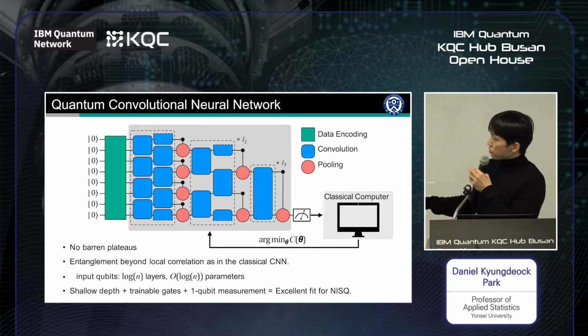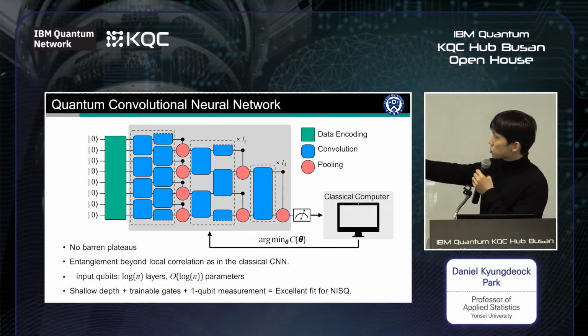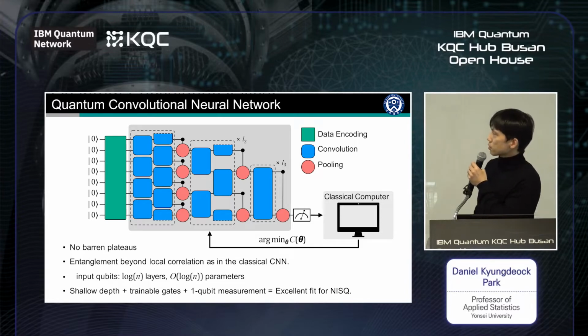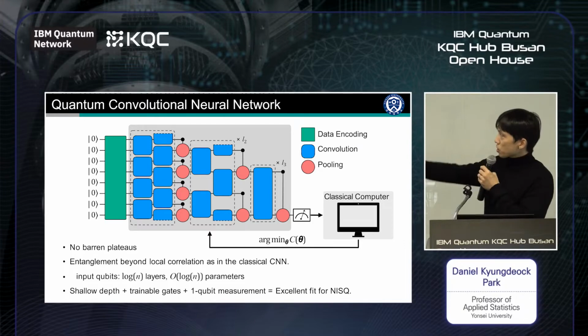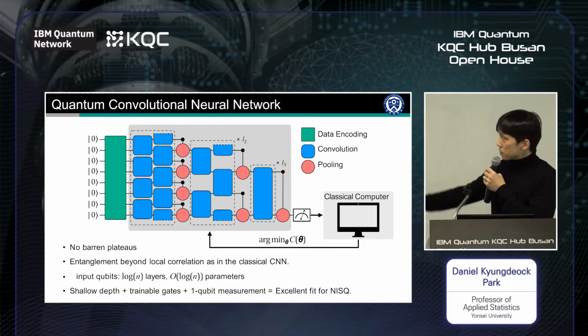It was found that the Barren plateau effect could be avoided by using such a structure. I'm not going to go into all the details about this structure, but the basic idea is that we start from some number of qubits. These blue rectangles and red circles are the gates that we parameterize with the model parameters.